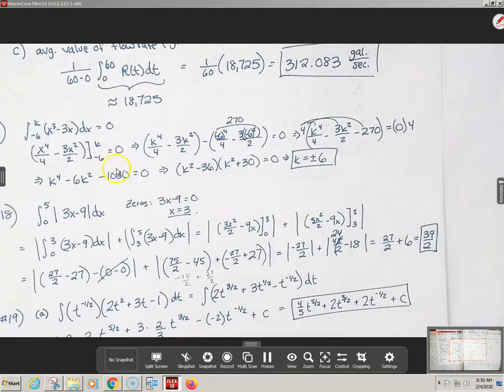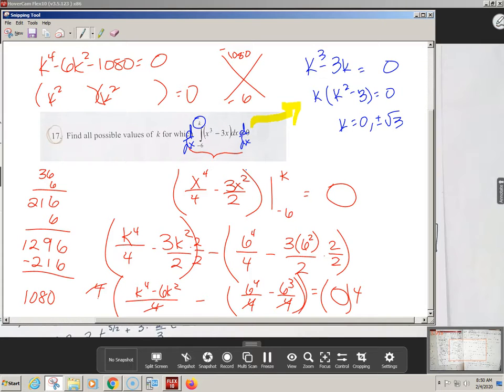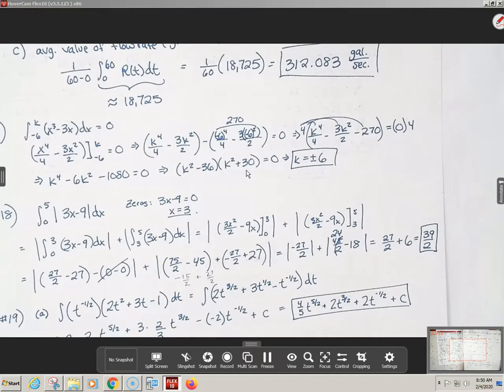Wait a minute. What's minus 6? Yeah, I know. I'm double checking my work. It means 36. Oh. 30 and 36? Makes sense. It makes 1080. And 18 and 1 is 10.